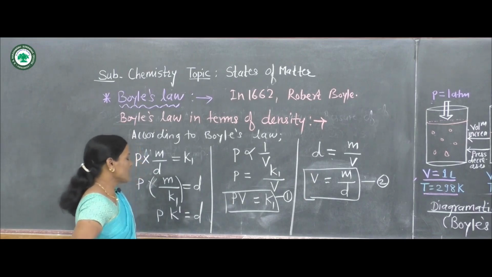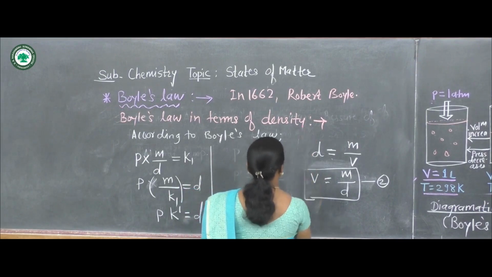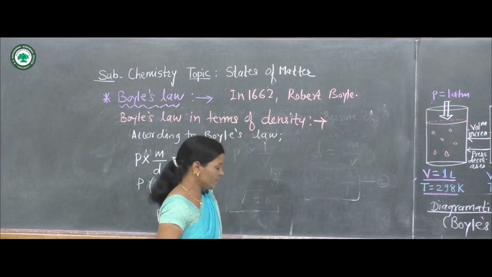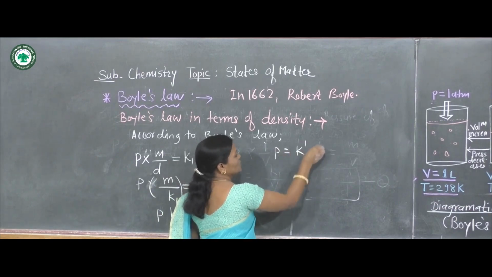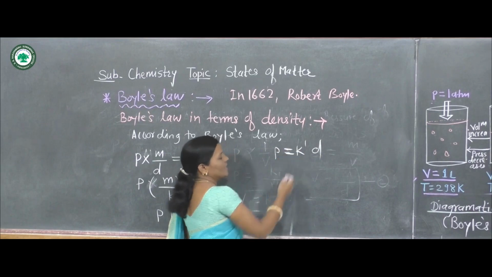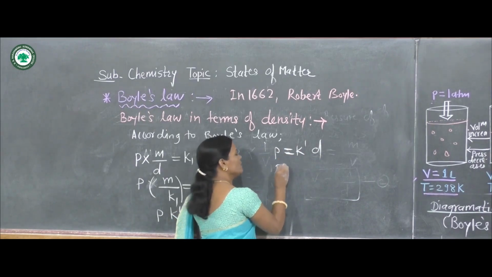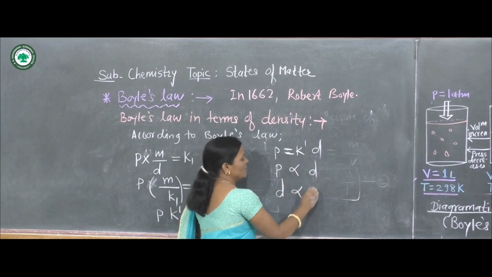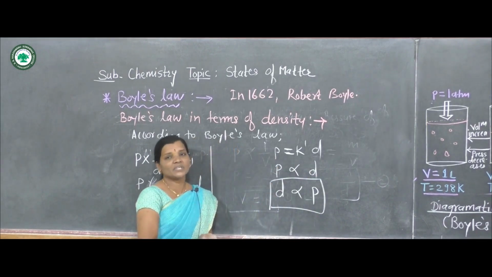Or we can write, if we remove that proportionality sign and write equal sign and constant, then here P is equal to K dash into D, this equal sign and K dash that is constant. So we can write here P proportional to D, or we can also write D is proportional to P. What this equation implies?